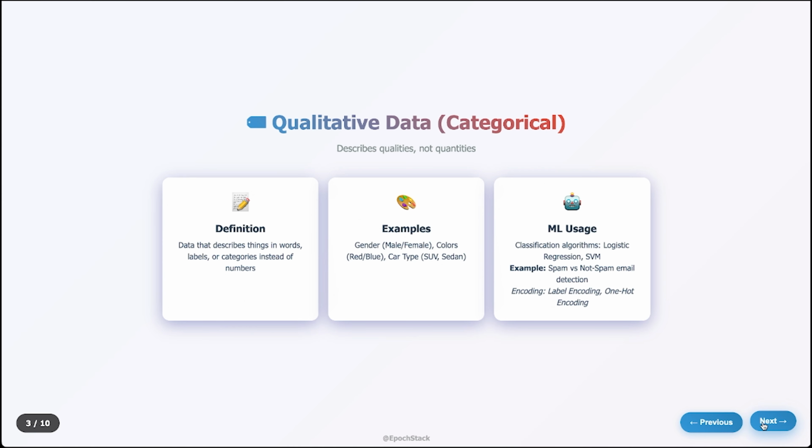Encoding technique means the machine learning algorithm that you choose will not directly understand these labels or categories. You have to convert them into numbers, then only it will be able to understand. For converting into numbers, you will be using encoding techniques like label encoding or one-hot encoding.